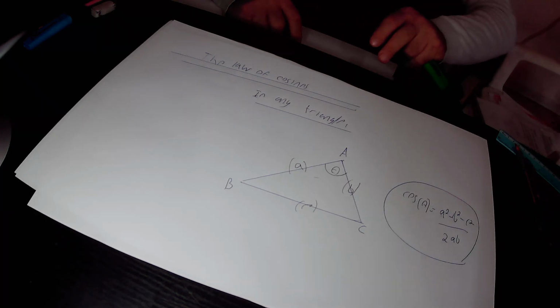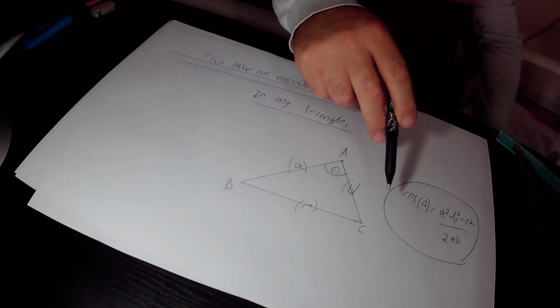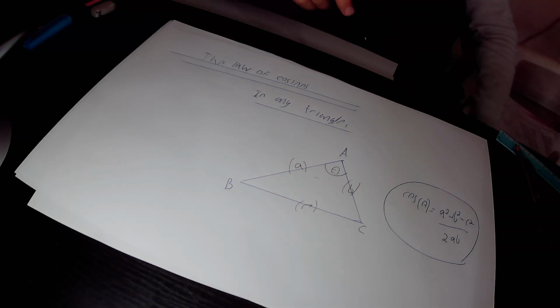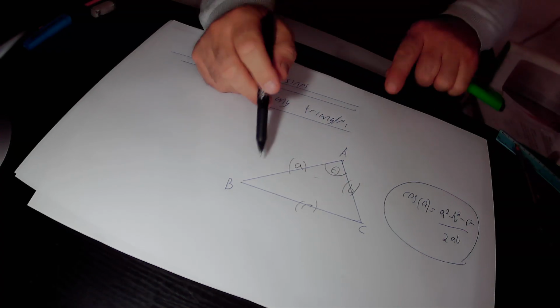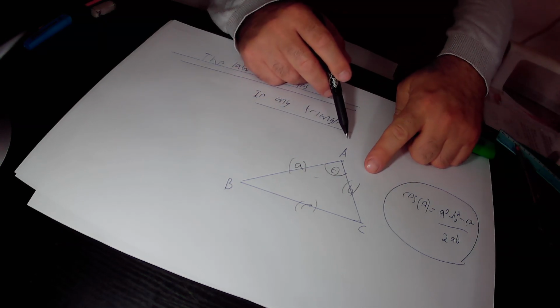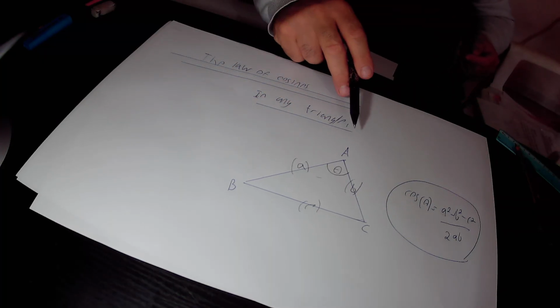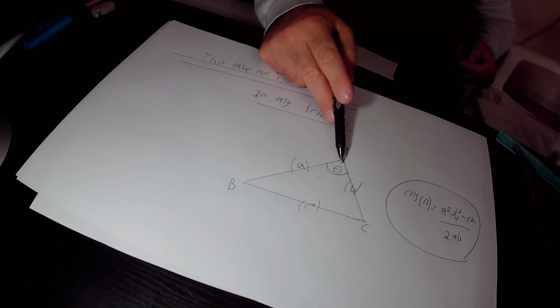Going into the law of cosines. First of all, the law of cosines is true in any triangle. So this is triangle ABC, that could be any triangle. In triangle ABC, side AB equals A units in length, side AC equals B units, and side BC equals C units. Angle BAC equals theta degrees.